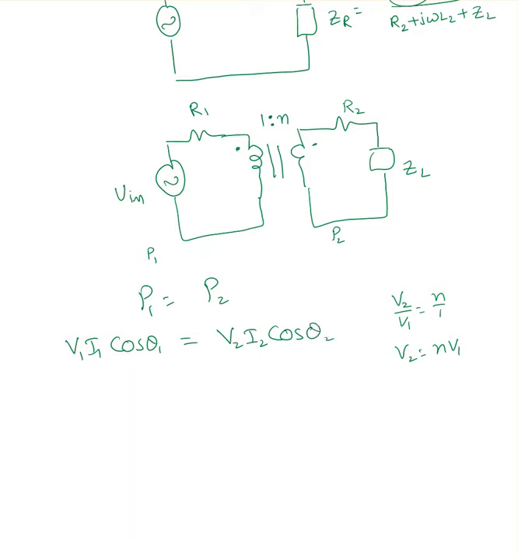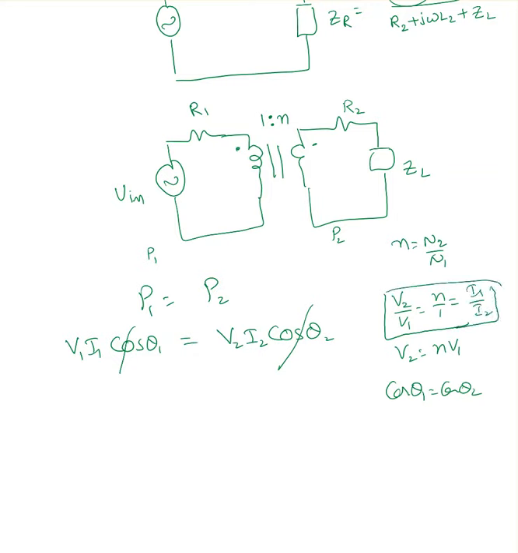Here cos theta 1 and cos theta 2 are the same in the ideal case. Even in the practical case, there is only a slight difference. For the ideal case, cos theta 1 equals cos theta 2, so we can ignore those two. V1 I1 equals V2 I2. Now we know that V2 over V1 equals N over 1, or N2 over N1. N is nothing but N2 over N1, or I can say I1 over I2.